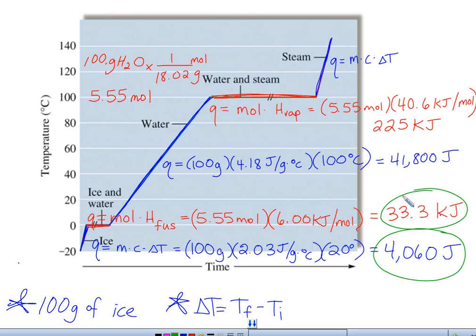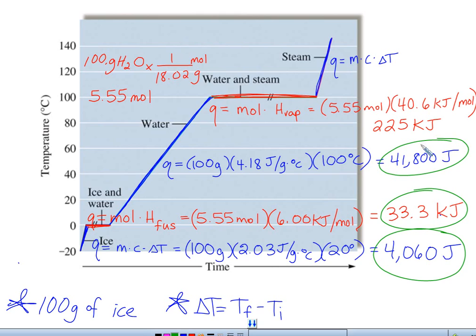Then once it's all liquid, I'm going to add almost another 42,000 joules to increasing the temperature. In the end, then, I would add them up. And again, here's where you have to be a little careful, because that heat of fusion was in kilojoules. So before you add them, just make sure that they're all the same. I don't care if it's joules or kilojoules, as long as you change them so that they're all the same before you add them.